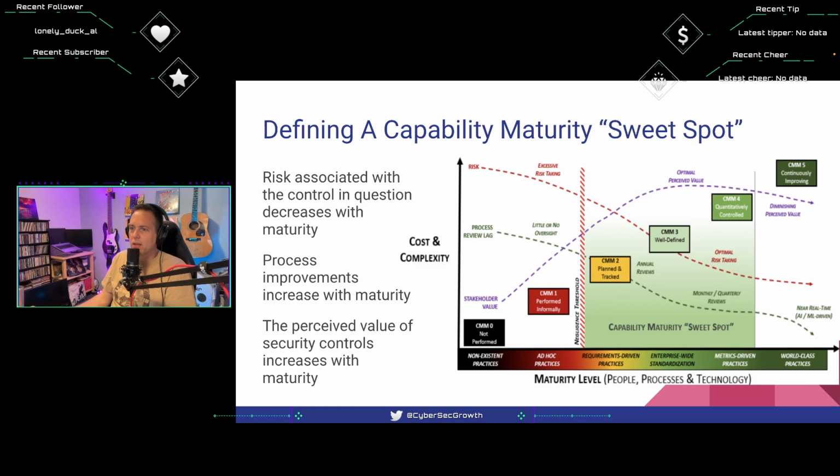And then the last one, stakeholder value considerations. The perceived value of security controls increases with maturity. However, perceived value tends to decrease after CMM3 since the value of the additional cost and complexity becomes harder to justify to business stakeholders. Companies that are genuinely focused on being industry leaders are ideal candidates for CMM5 targets to support their aggressive business model needs.